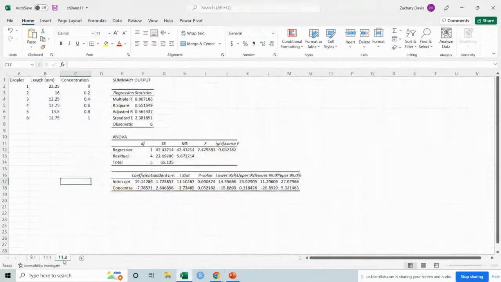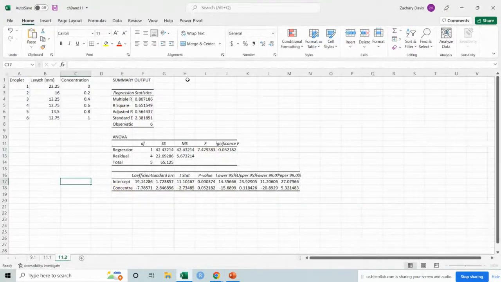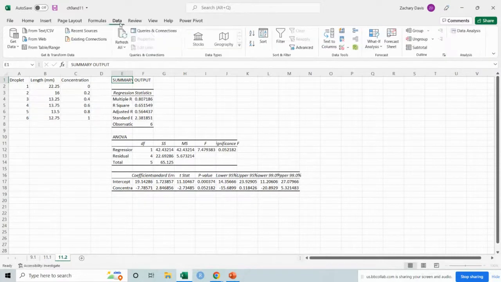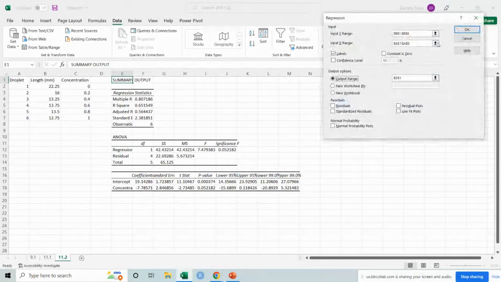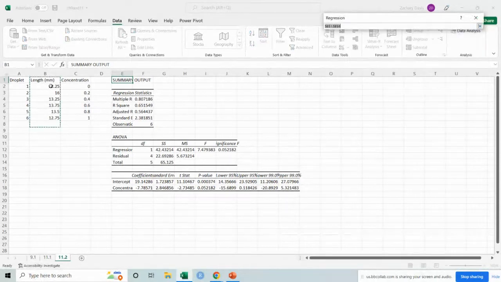So, same idea. We have 6 values, but we want to set up a regression the same way. So running data analysis, regression. We have length as one variable that we're interested in.